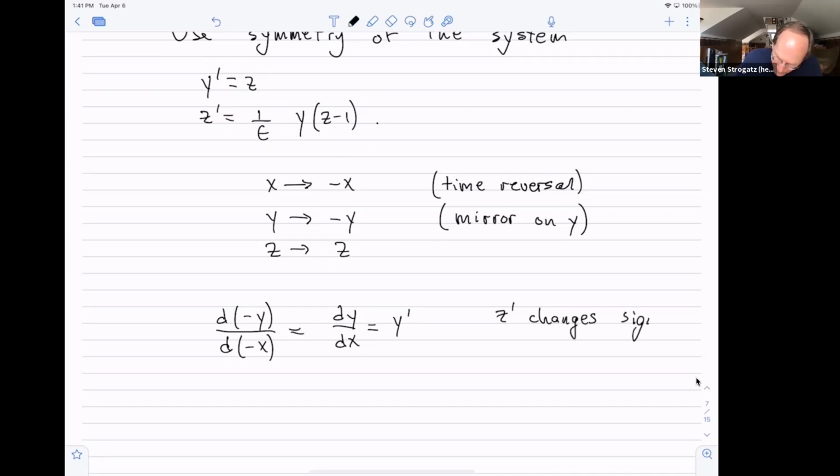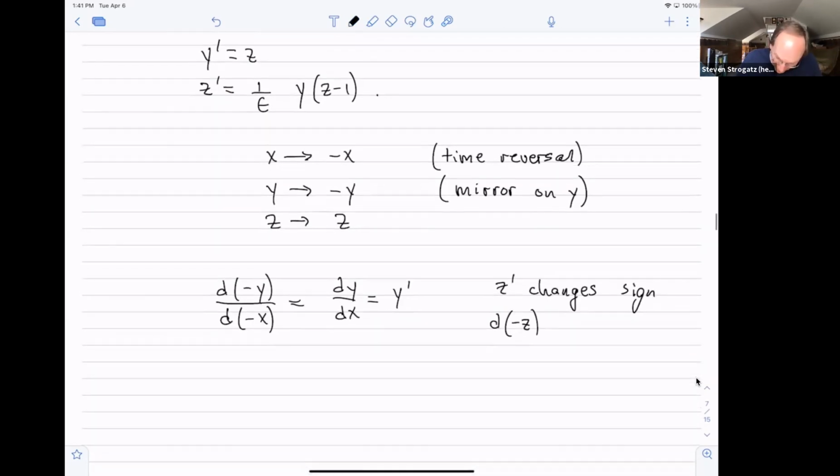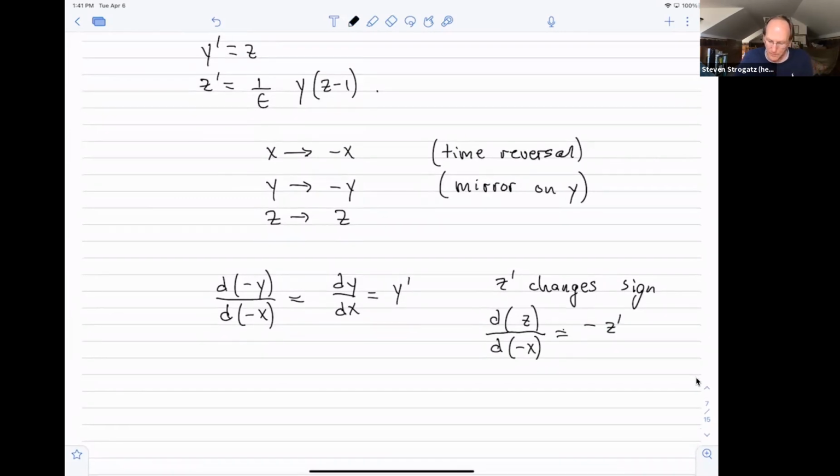Sorry, z doesn't change under this. We said z goes to minus z. So this would be d of z, but the time variable we're changing to negative of itself. This becomes minus z prime. Like I said, it changes sign, but so does the right-hand side of this differential equation, because the z minus 1 has stayed the same, but the y has changed sign.